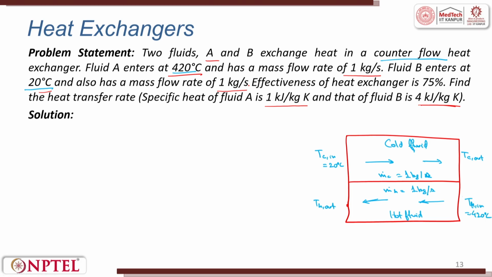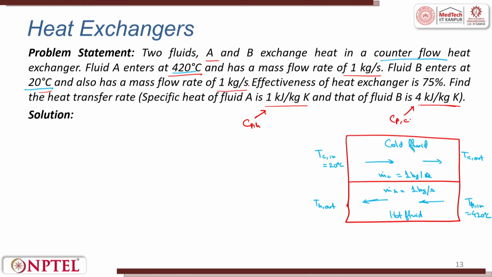Now, given these variables, we also have the specific heat of fluid A as 1 kilojoule per kg Kelvin, that is Cp for hot, and this is Cp for cold.